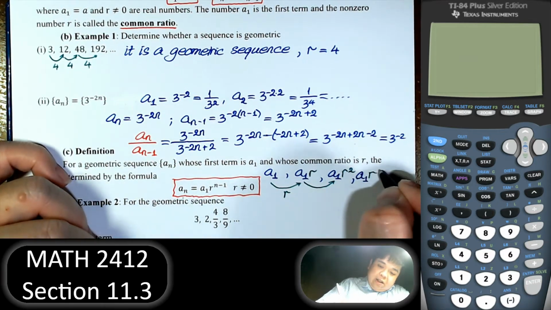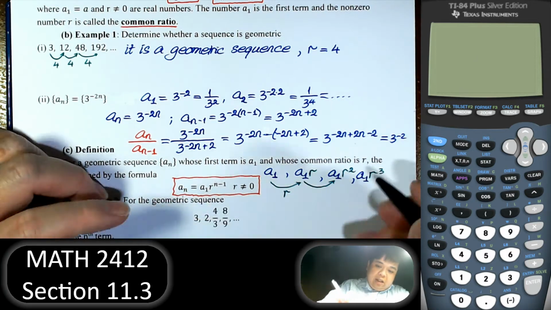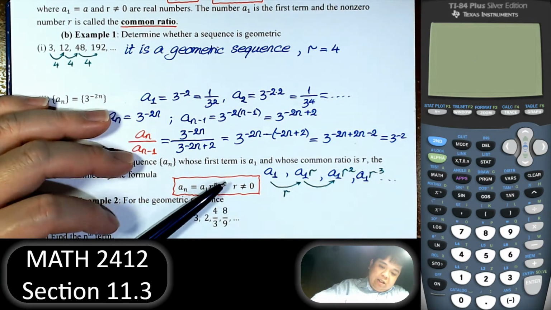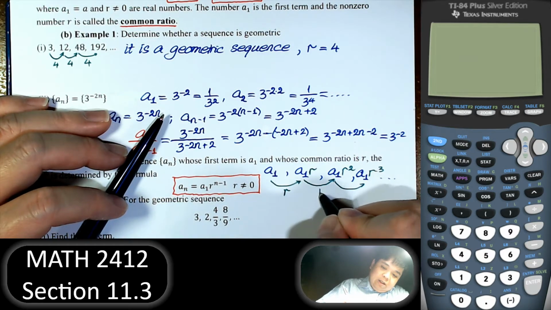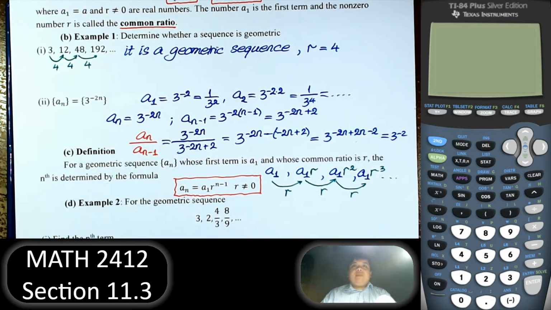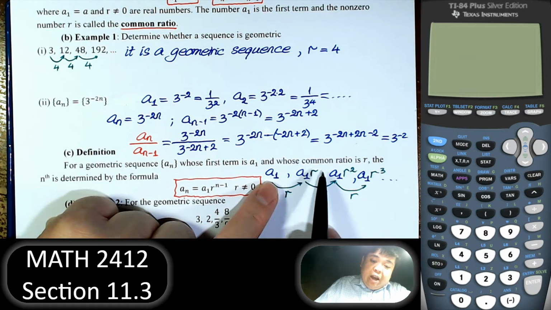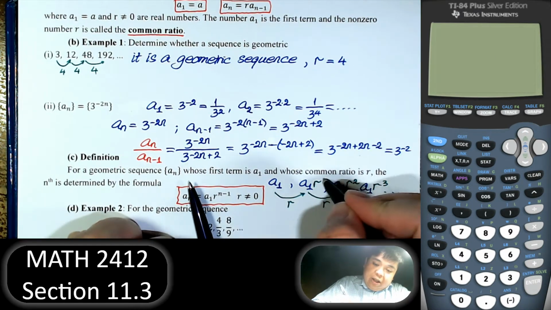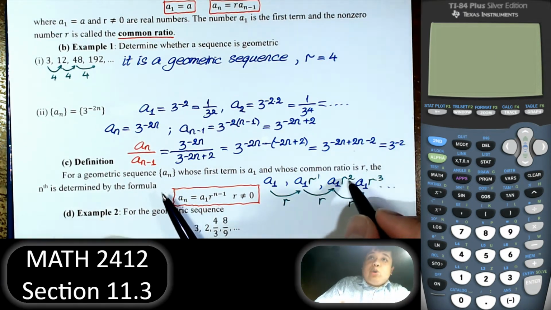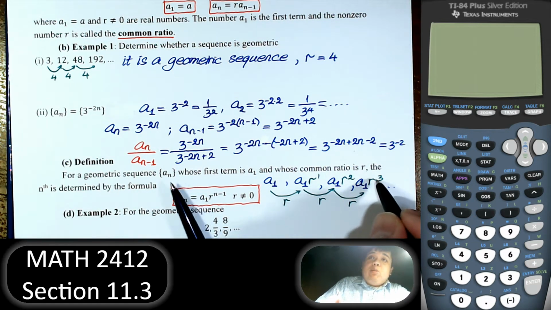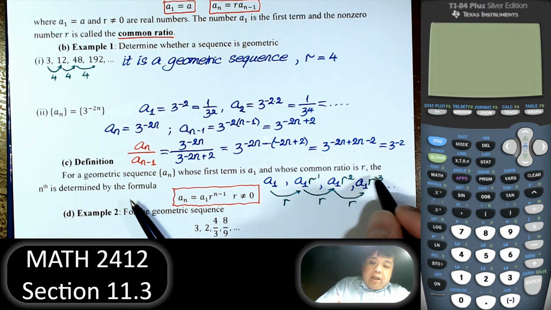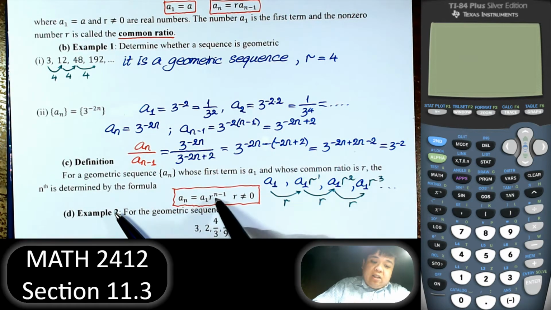And then one more time, and we just keep going. Notice that on the second term we have r to the first, the third term we have r to the second, the fourth term we have r cubed. So the power here is 1 less than n itself. That's why we have this formula.